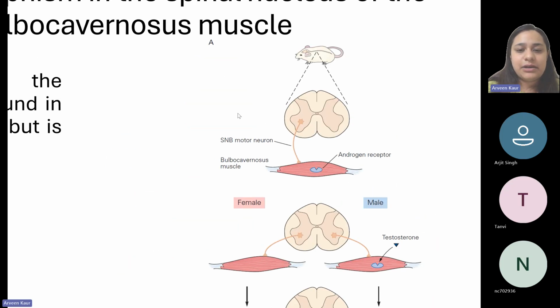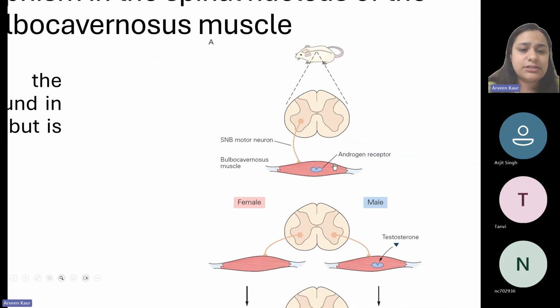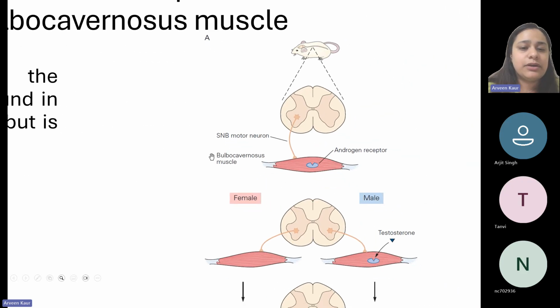Over here you can see a mouse. Then at some point in the lumbar region, you see this region which has the SNB motor neuron, the cavernosus motor neuron, which goes and innervates the cavernosus muscle. This muscle basically has an androgen receptor.